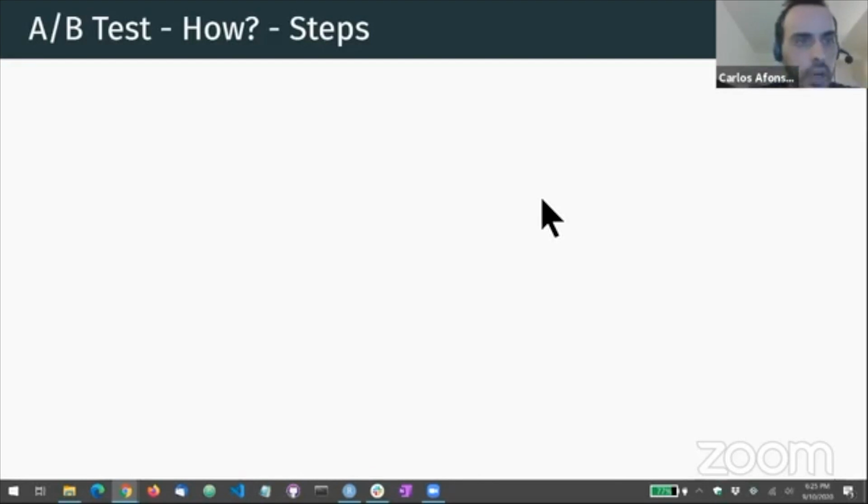What's your current understanding of A/B testing? How is it done? If you had to break down the A/B testing process in steps, how would you break it down? You can try to answer in the chat or just by yourself in your head, on paper. What would be those individual steps? I'll give you a minute to try.